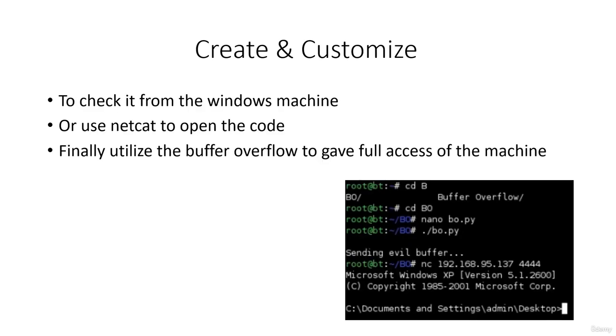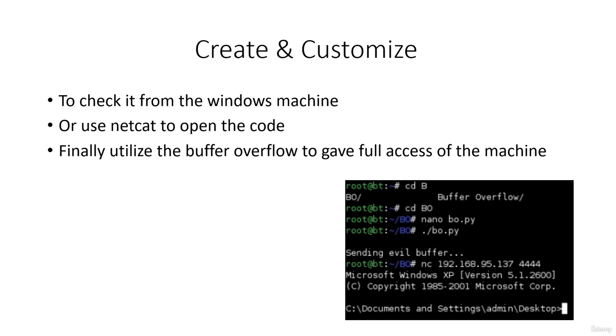So this was the script that I created over this. As you can see, you can check it from the Windows machine, or also use netcat to open the connection, and finally utilize the buffer overflow to get full access to the machine, and a port should be open.